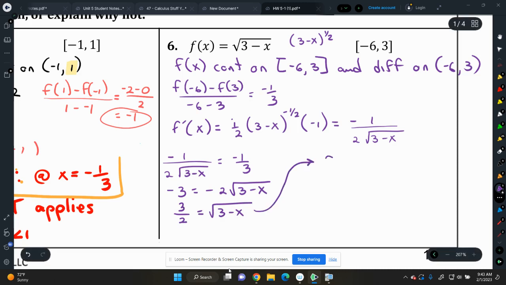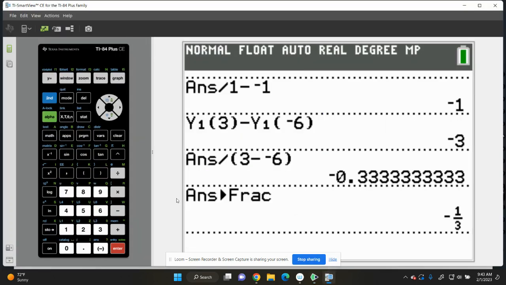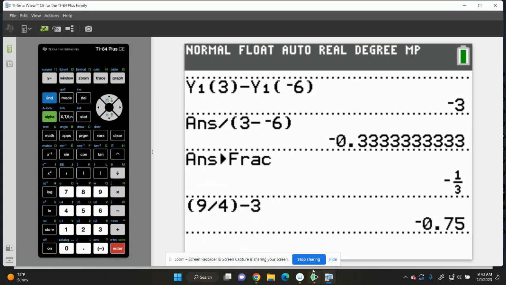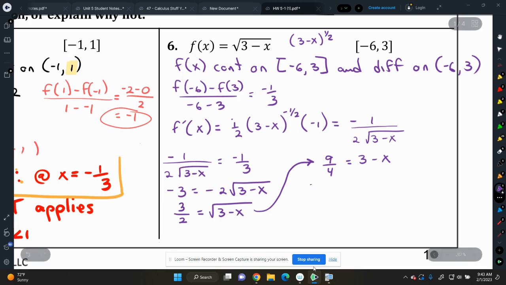So we're going to square both sides: 9 over 4 equals 3 minus x. I'm going to subtract 3, and I'll just use my calculator to do that real quickly. So we get negative 3/4 equals negative x. So x equals 3/4.